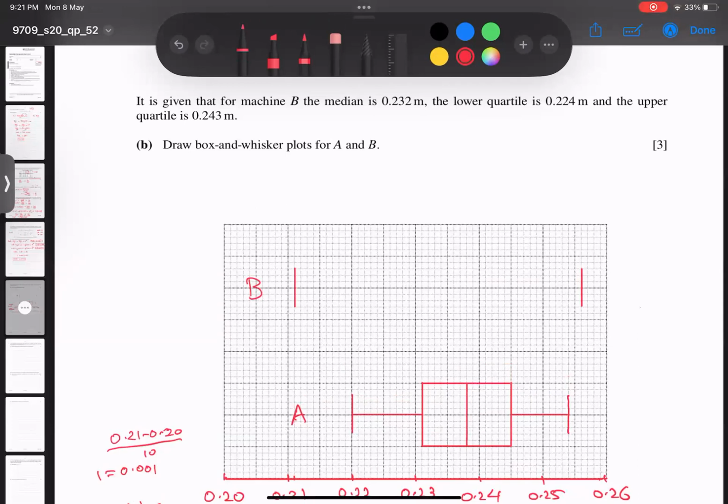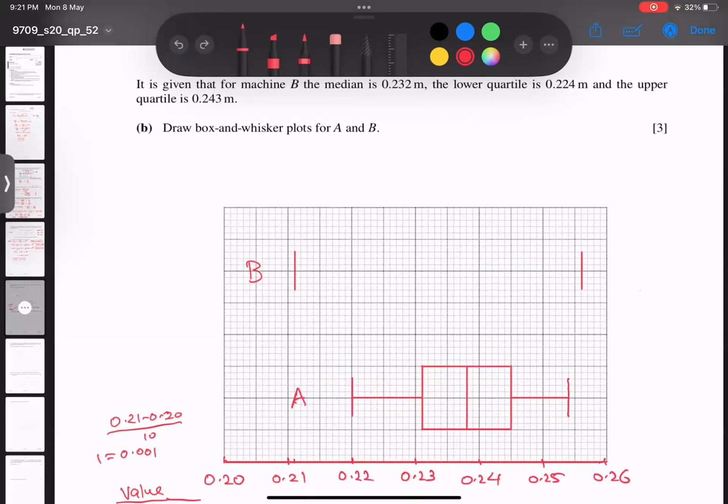Now the median: 0.323. 0.23 is here and two boxes forward. I hope it is clear. Now the lower quartile, 0.224. 22 is here and 4 means 4 boxes.